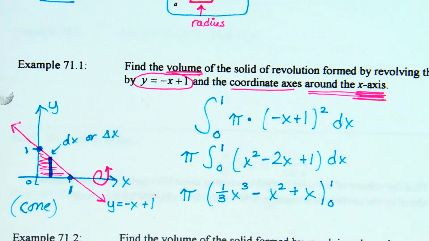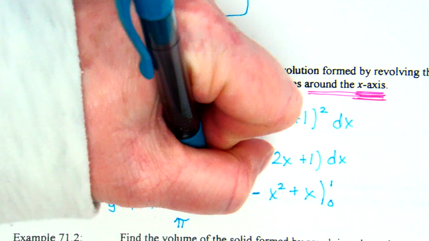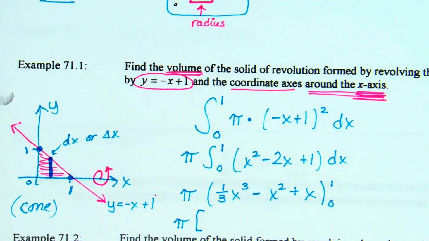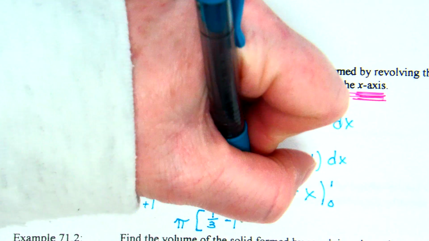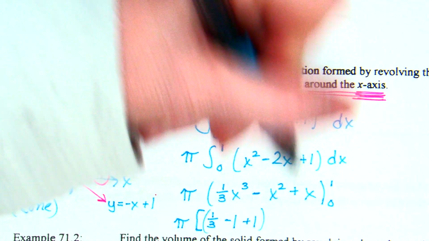My pi, again, I'm going to leave out front. Fundamental theorem of calculus says we're going to put 1 in and then subtract what we get when we put in 0. So when we put 1 in, 1/3 minus 1 plus 1, minus, what about when we put in 0?